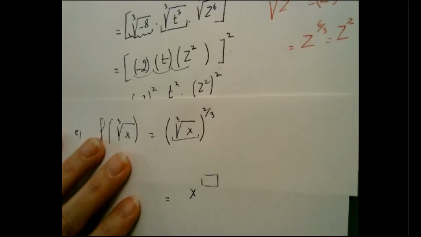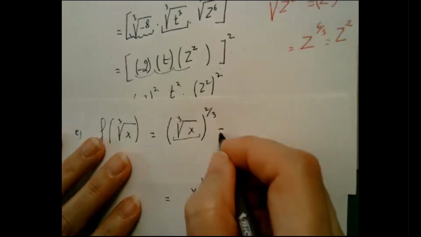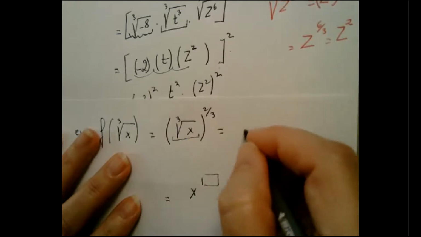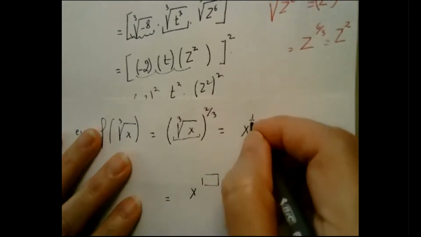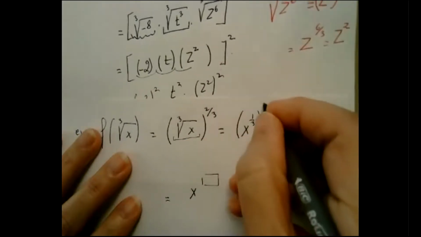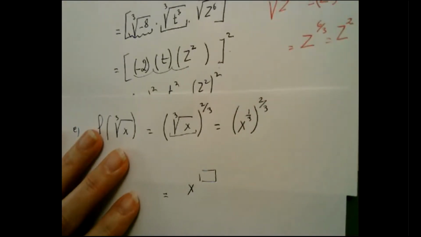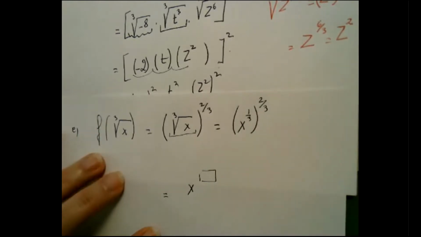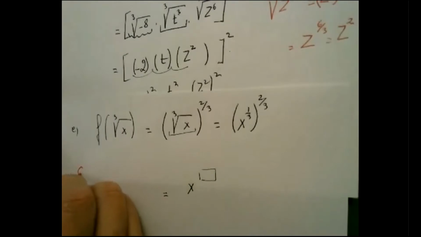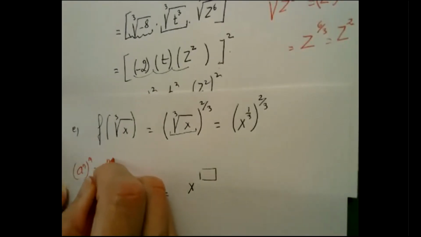Okay, let me walk through what I think she did. What's the cubic root of x? X to the third. The whole thing to the power 2/3. Right? Now this gives me what? Remember the rule that if you have a power to the power m, you multiply the powers.